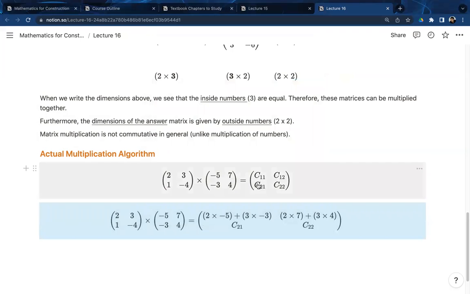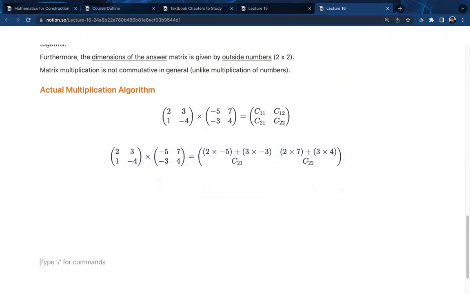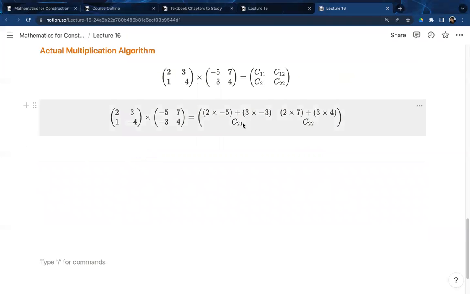All right. This C21, what does this mean? This element is located on the second row, but first column. So you have to multiply the second row here by the first column. So 1 by minus 5 minus 4 by minus 3. And what is giving people trouble is that minus sign. Sometimes they just forget it.